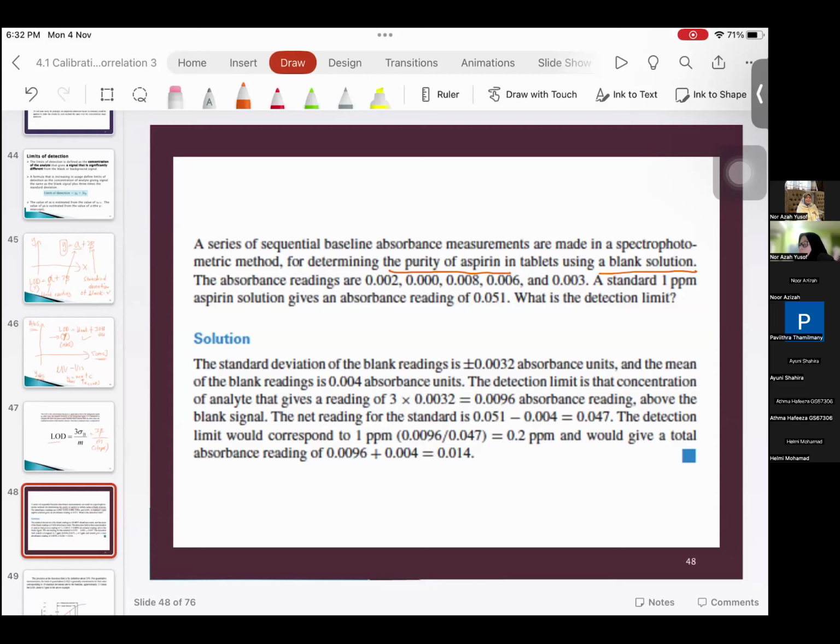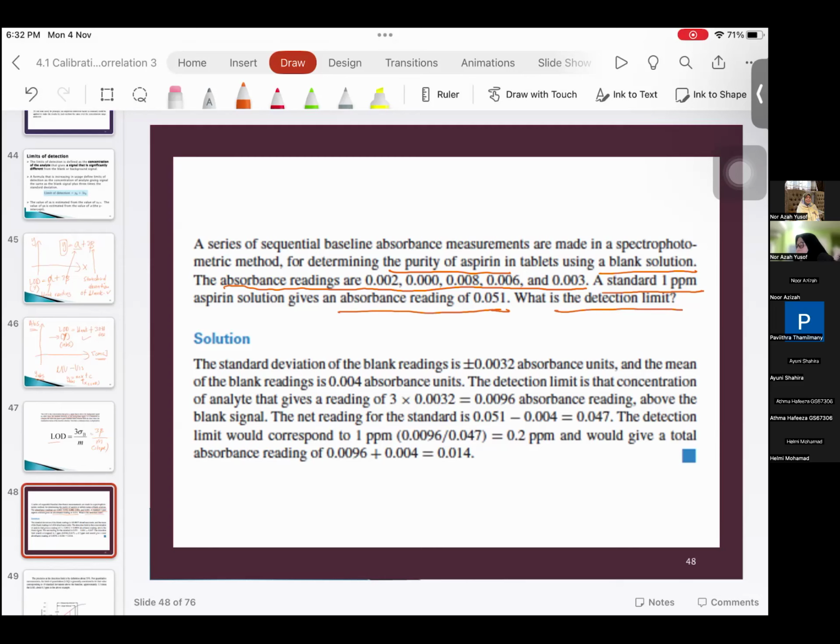The absorbance readings from the blank solution are listed in the slide. However, a standard 1 ppm aspirin gives an absorbance reading of 0.051. Remember, absorbance does not have any unit, it's an arbitrary unit. So what is the detection limit?